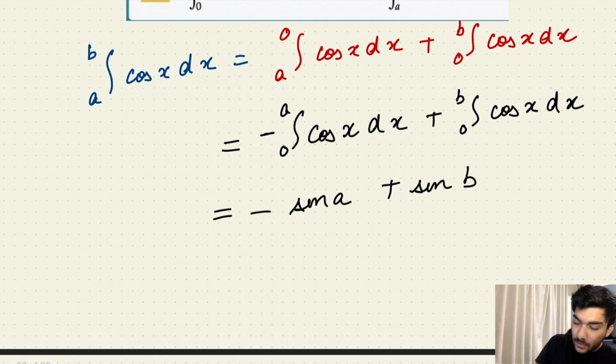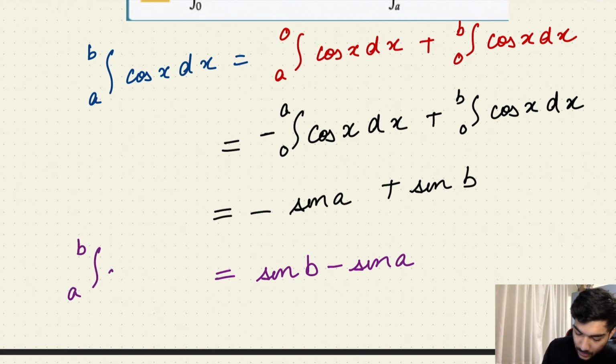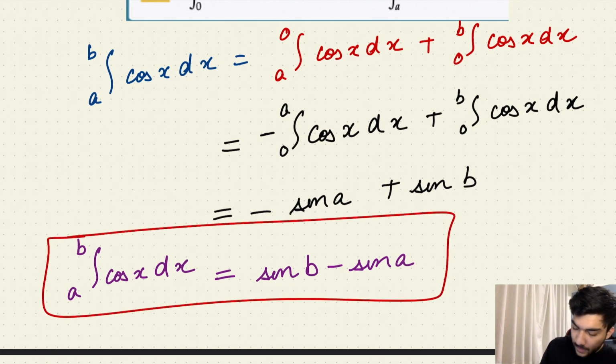So now my final answer becomes sine b minus sine a, which is equal to integral a to b cos x dx. And that is the final answer that you have over here.